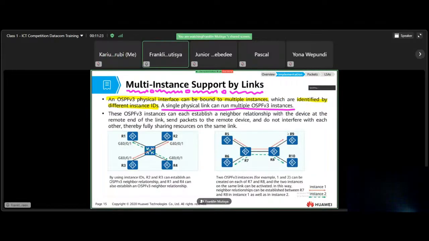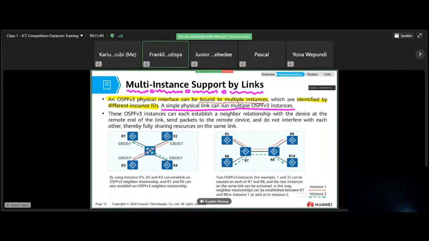Now, we have mentioned that OSPF version 3 supports multi-instance working. In other words, it supports dual operations on the same link. So on the same link, you have multiple instances. You can bind multiple instances to the same interface.